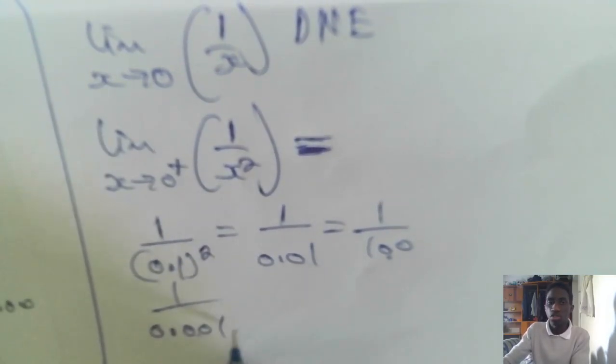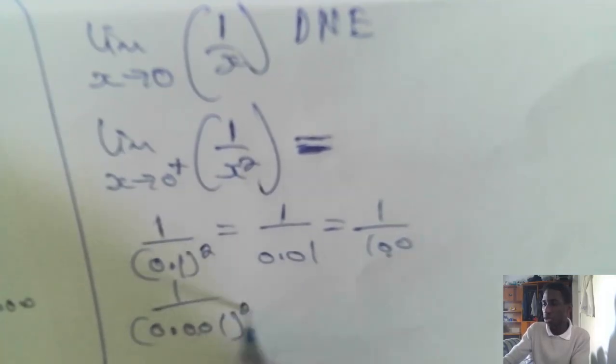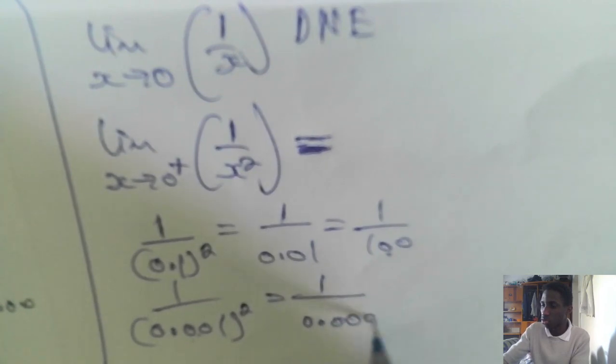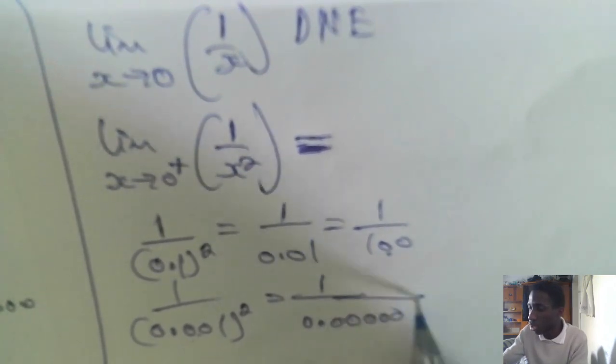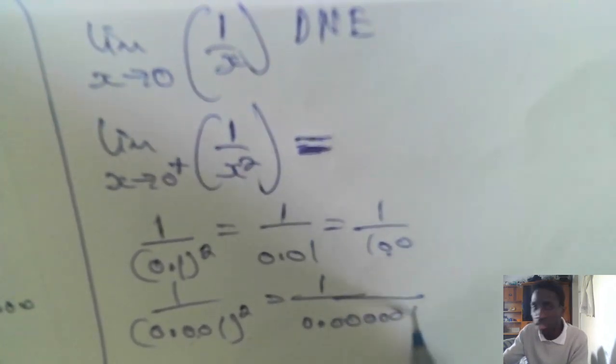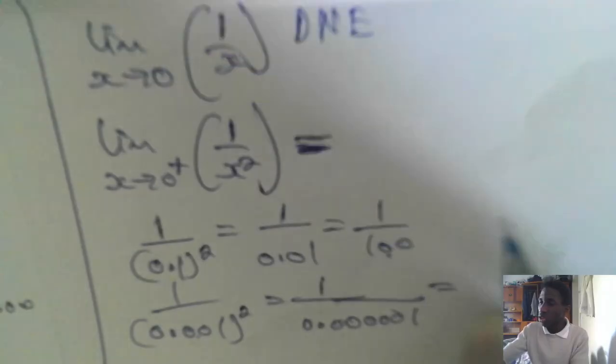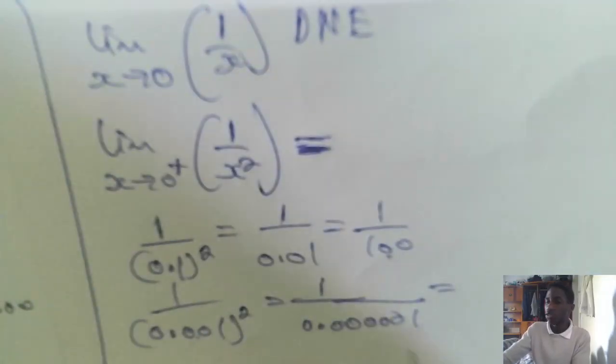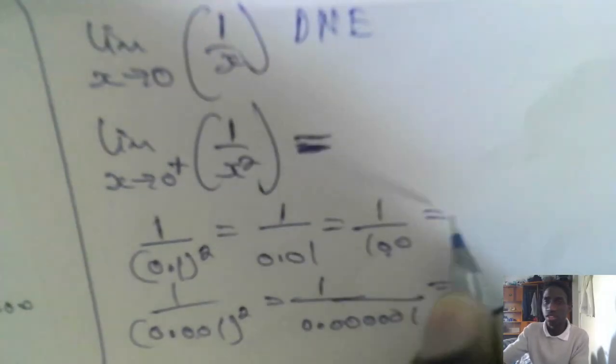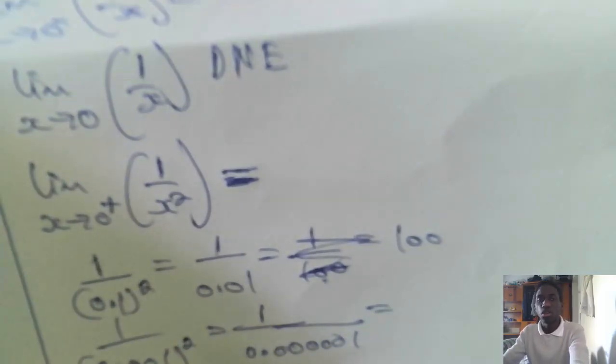This is closer to 0 from the right, so you get 1 over 0.00000, yeah, five zeros and then a 1, which is also very large. If you simplify this, you get a very large value. Sorry, the answer from the earlier one is 100, not 1 over 100.